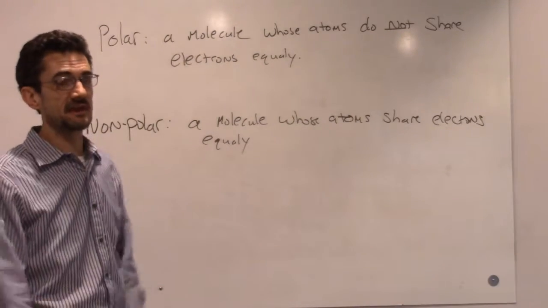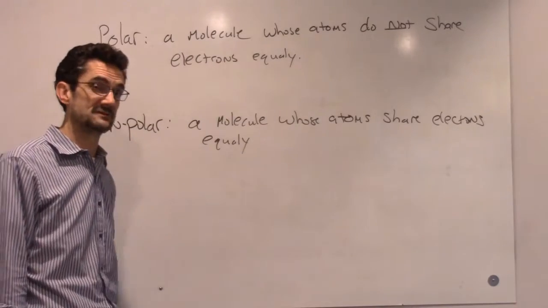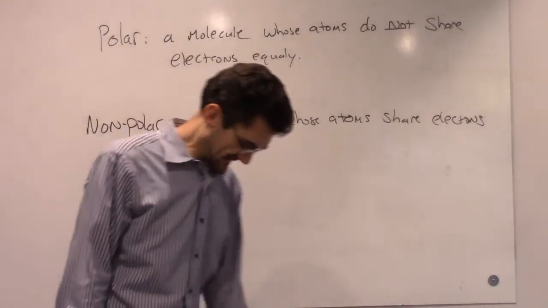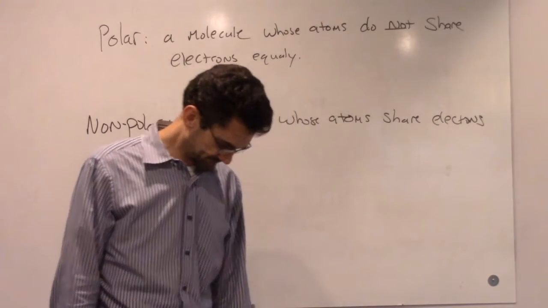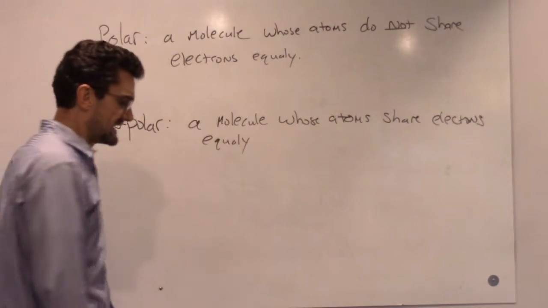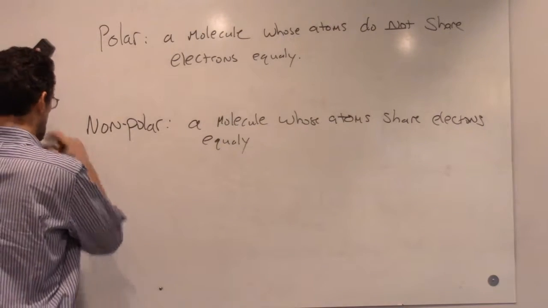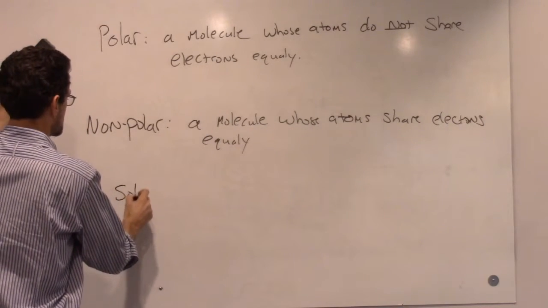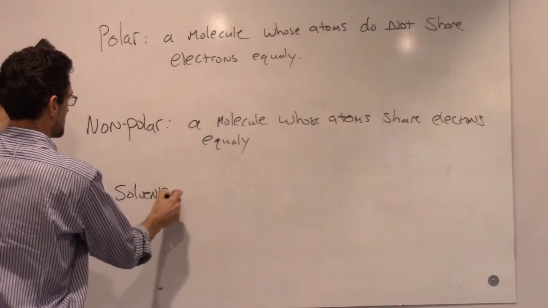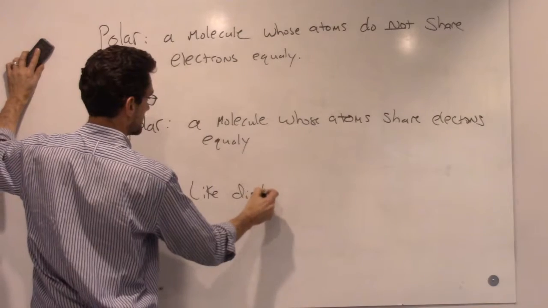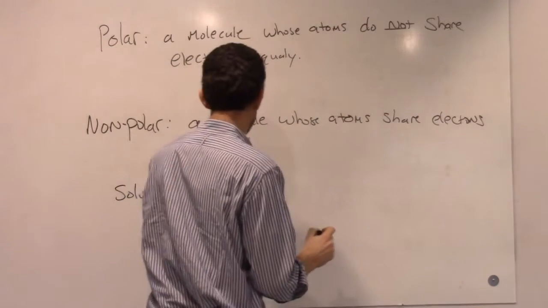You've got to see what that highly electronegative atom is doing. If there's 4 of them and they're all being pulled in the same direction, then it's all going to be a wash. And we said when we were talking about this for solvents, like dissolves like.